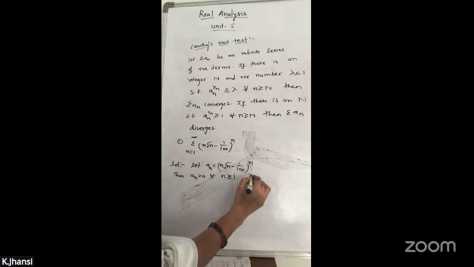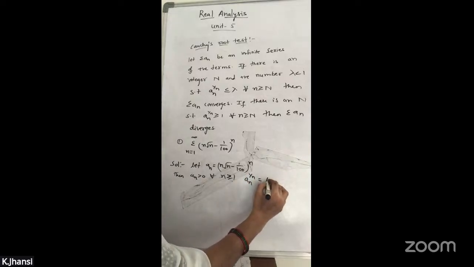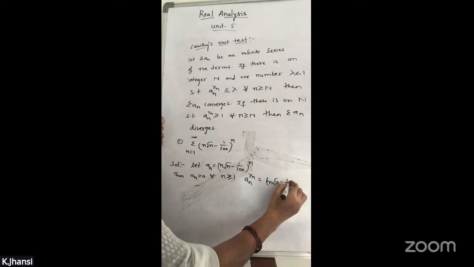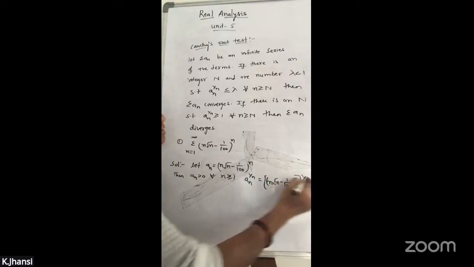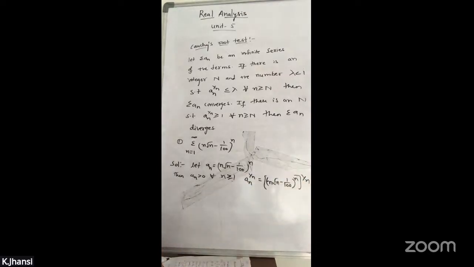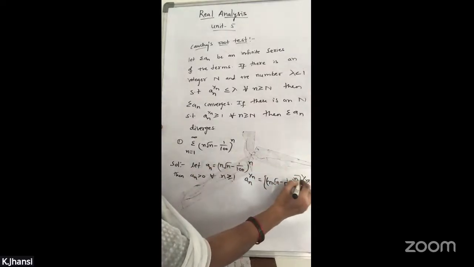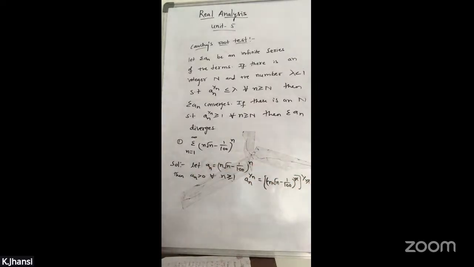An to the power of 1 by n is equal to ((n root n minus 1 by 100) to the power of n) whole to the power of 1 by n. This n and n get cancelled, so only n root n minus 1 by 100 remains.